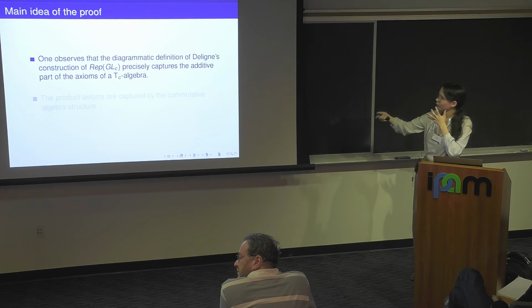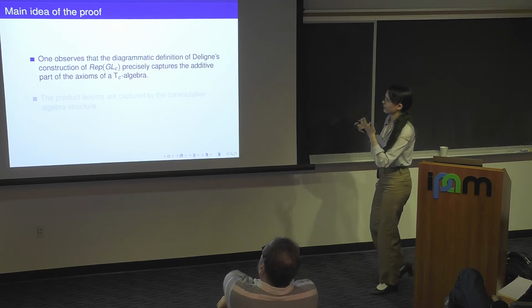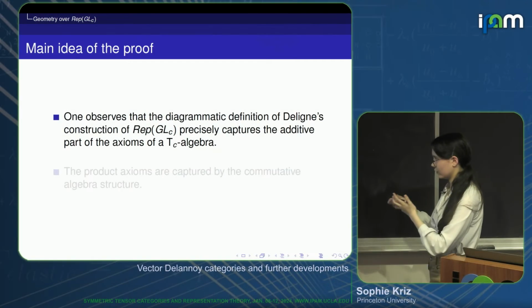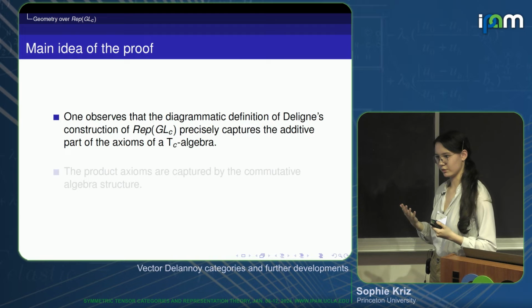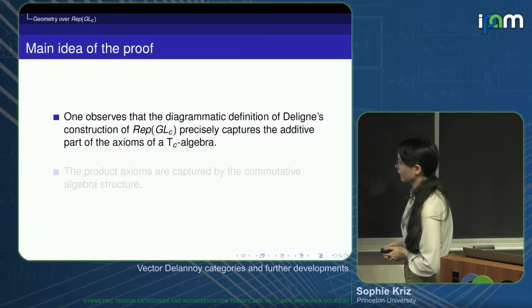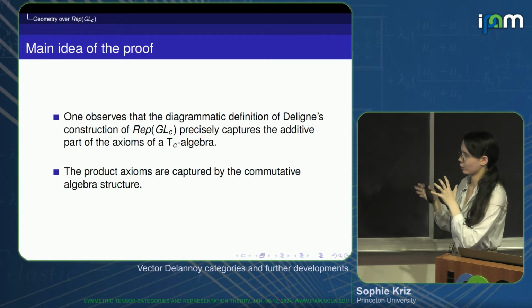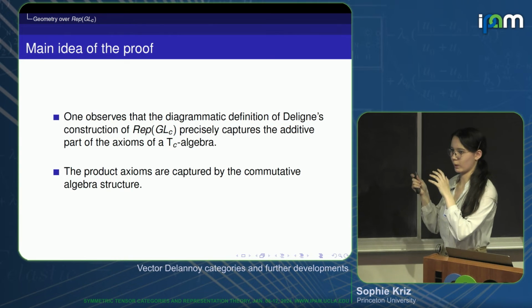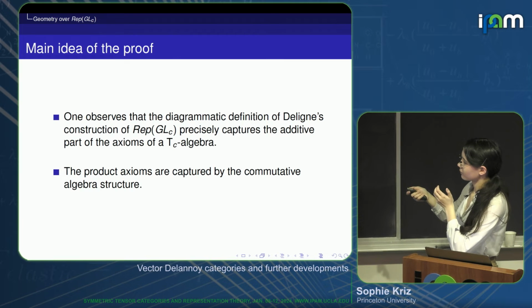The method of this proof is that the diagrammatic definition of Deligne's construction of Rep of GL_C precisely captures the additive part of these axioms of the T_C algebra. And the product axioms, on the other hand, are precisely captured by the commutative algebra structure we require this A to have.